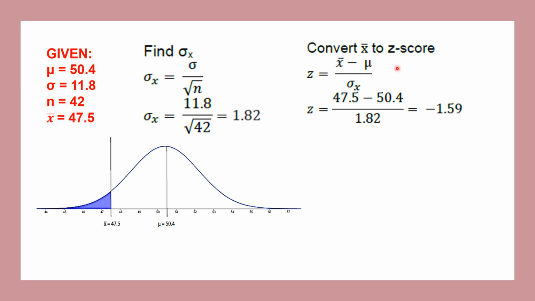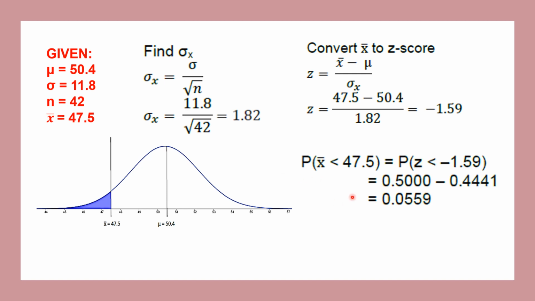Upon substitution, we will get negative 1.59. You can graph it now, writing negative 1.59 instead of 47.5. After that, we get the probability. The probability that the mean is less than 47.5 is also equal to the probability of z less than negative 1.59.